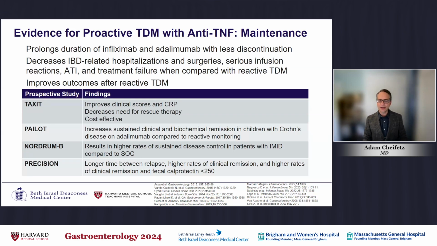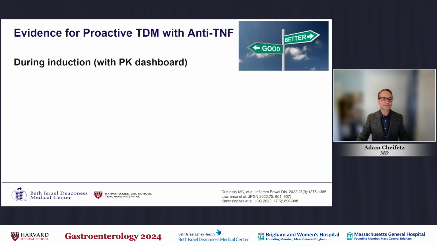I'll point out that was despite 3 patients whose fistula opened up with dose de-escalation to get them to a level of 3. It definitely would have looked even better if they had used higher concentrations.